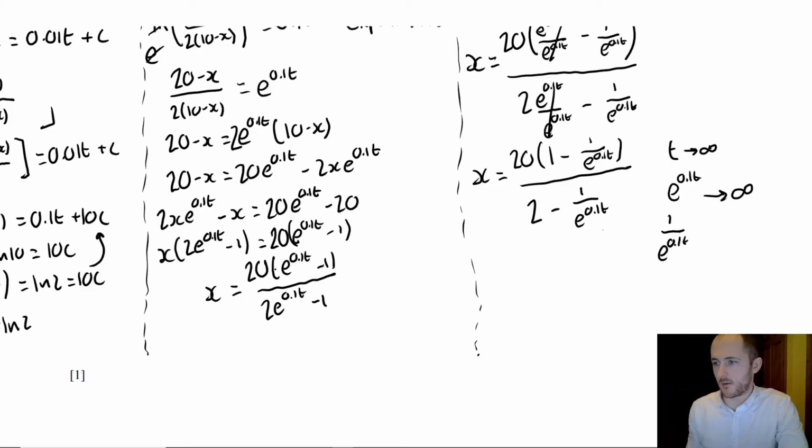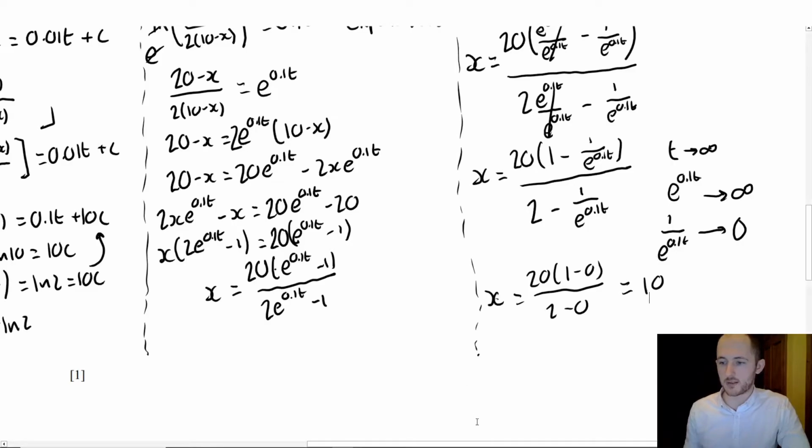So what's happening here? Well, the e to the 0.1t is getting infinitely big. Now, what's 1 divided by infinity? Well, it's approaching 0. Okay? Which means x is going to approach 20, 1 minus 0, over 2 minus 0, which is just 10.